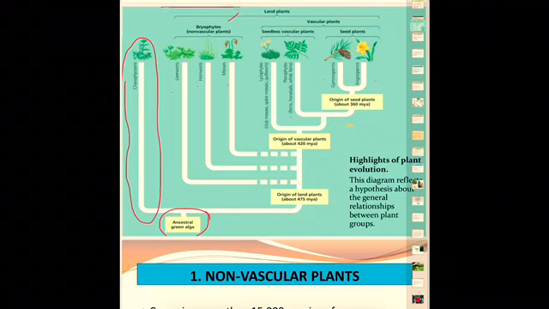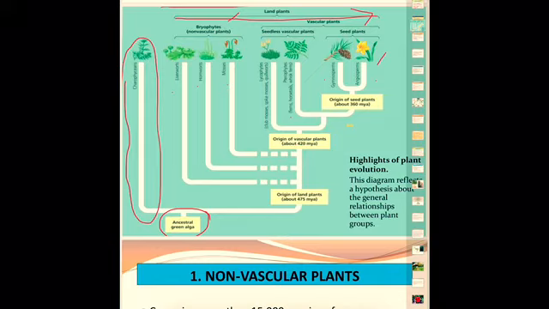Towards the angiosperms, the plants evolved and became more modern. We call them modern plants. That's why angiosperms have flowers compared to the rest of the types of plants. They don't have flowers.